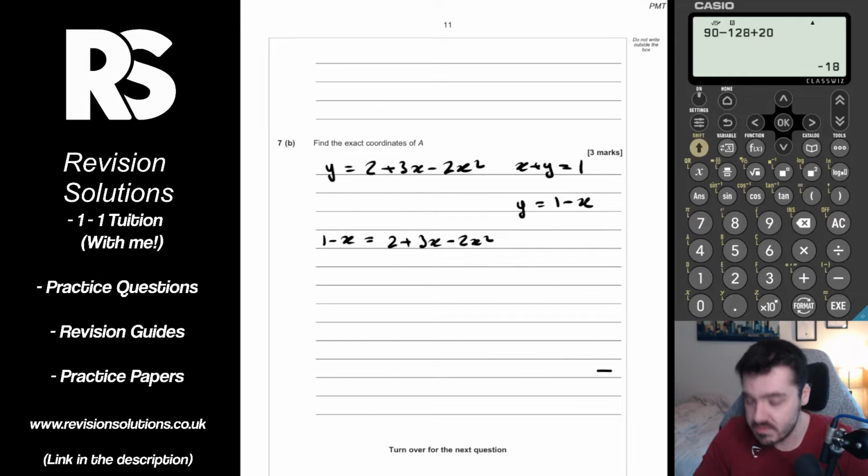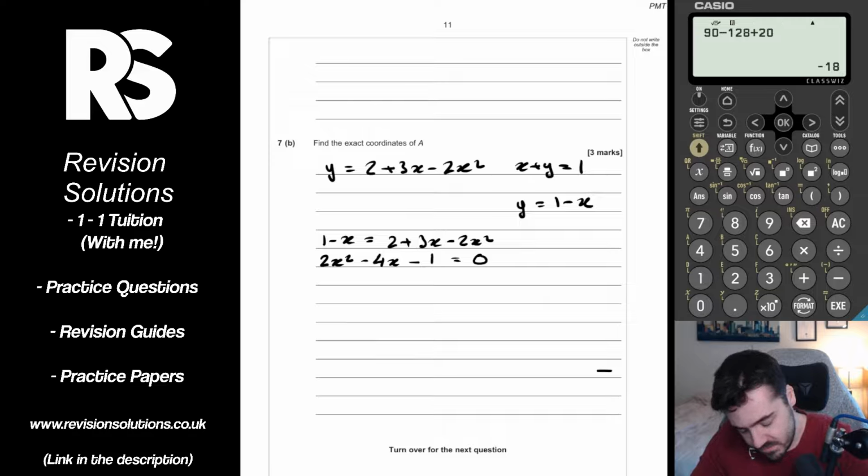Now that's just a quadratic because the highest power of x is 2, and it's all nice integer powers. So let's bring everything to the left: 2x squared, taking off a 3x, we'd have minus 4x, and then a minus 1. That would equal 0. To solve this, let's complete the square. So we'd have 2 lots of x squared minus 2x, and then the 1 still on the outside.